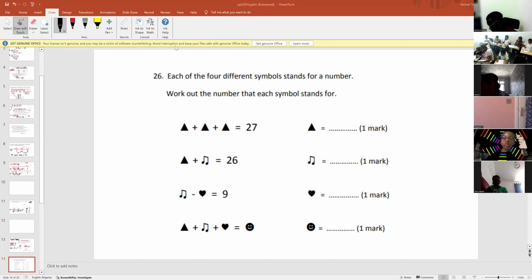Wait, I think I made a mistake. Oh, it's 17, not 18. Yeah, I'll just copy it.